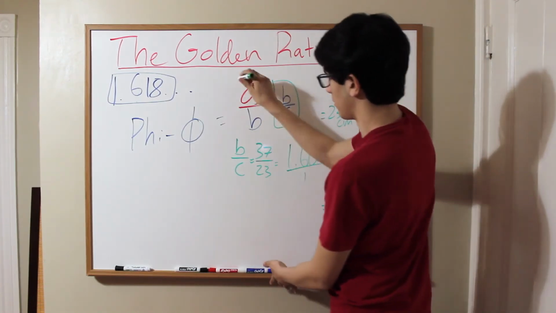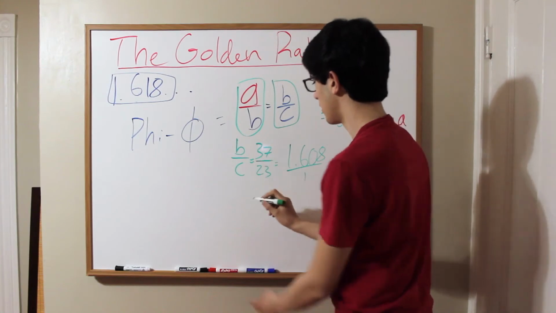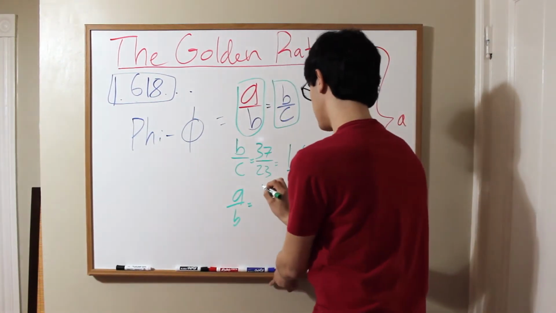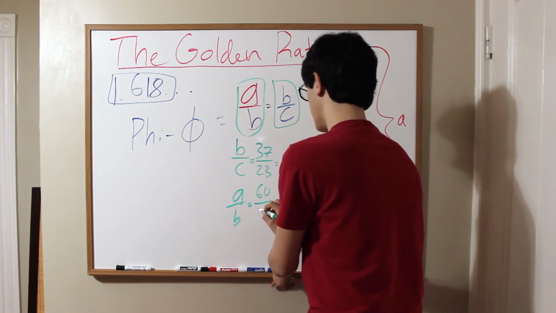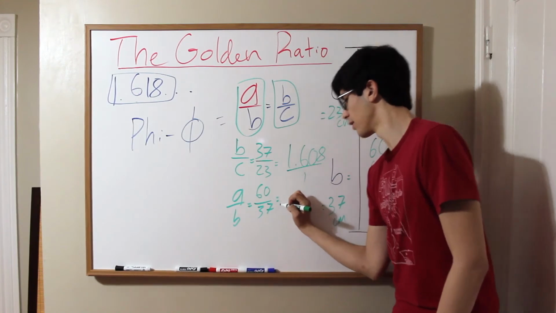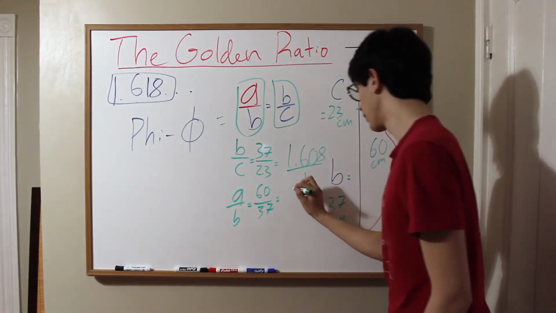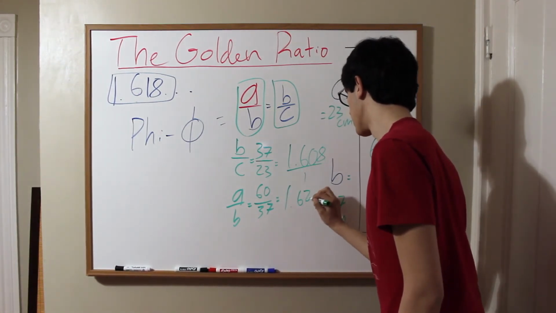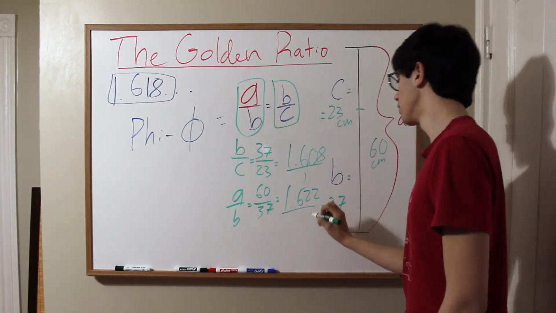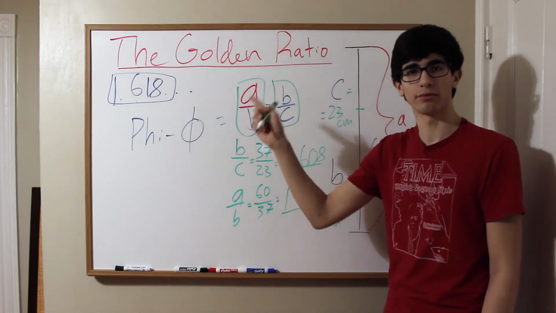We have this new ratio, A over B, where A is 60, right? B is 37. We can calculate that the same way. Plug it into your calculator. We get 1.622 about when you round. So this is also really, really close to the golden ratio.